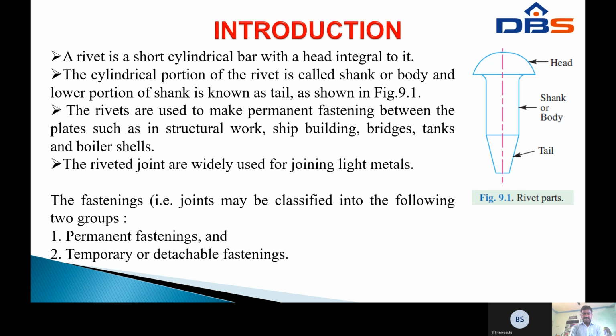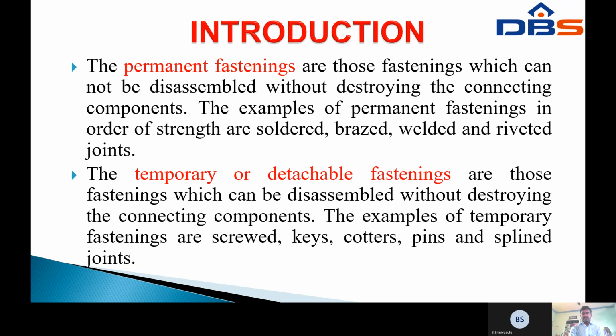Fastenings may be classified into two groups: permanent fastenings, and temporary or detachable fastenings. Permanent fastenings are those which cannot be disassembled without destroying the connecting components.